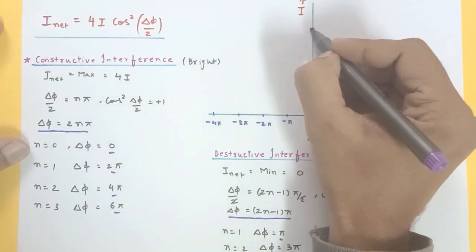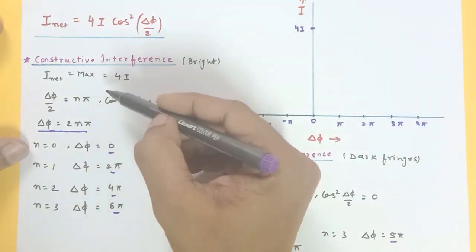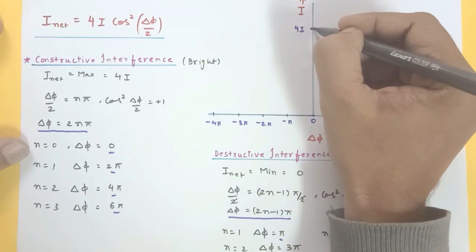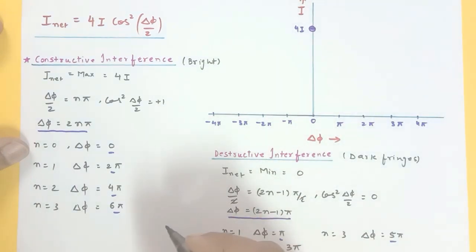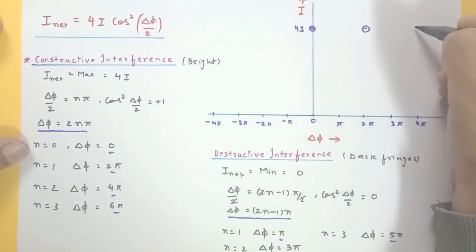So I will make sure that this point is having intensity 4I. So all of these readings, that means at 0 I am going to get maximum intensity, then at 2 pi, 4 pi, 6 pi. So this is 2 pi value here. Then at 4 pi again I am going to get the maximum value.